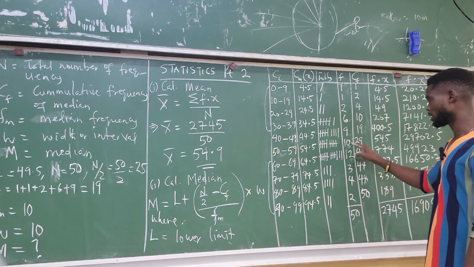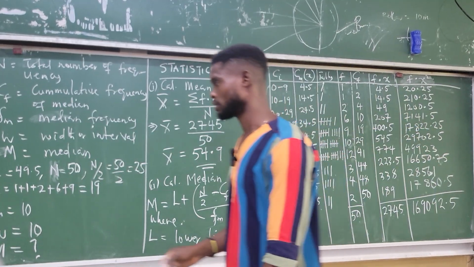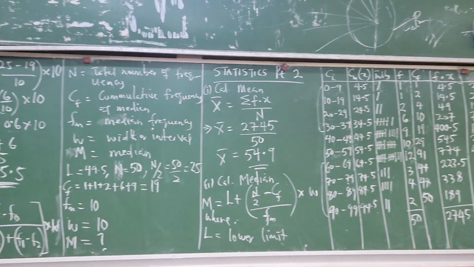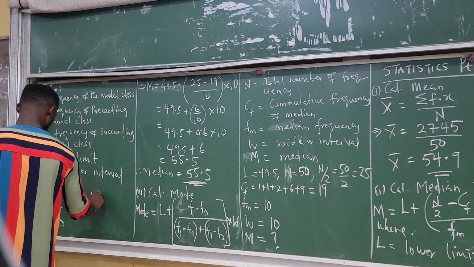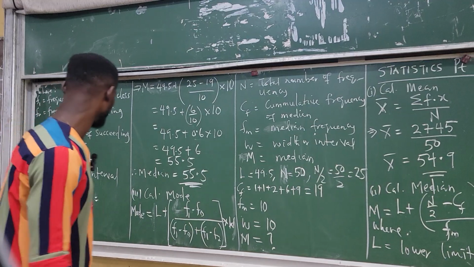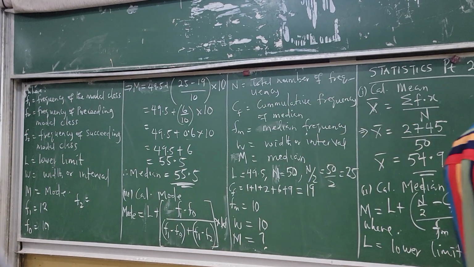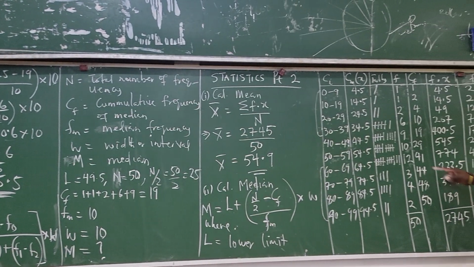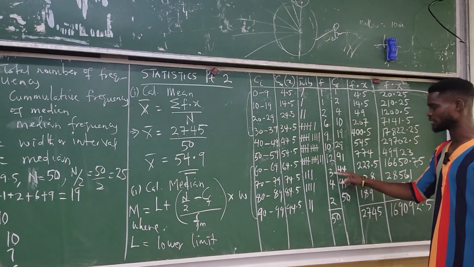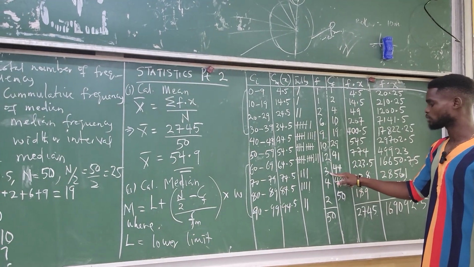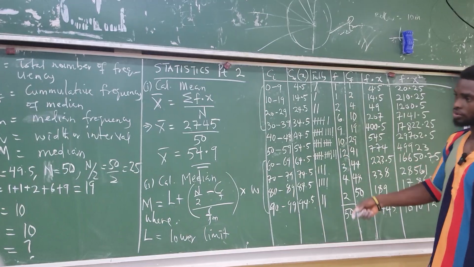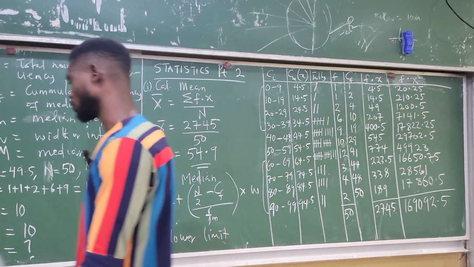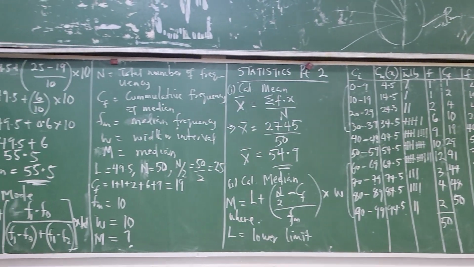Now F2 is the succeeding, the one after the modal frequency. Which one is succeeding this 12? It is 3. After 12 is 3.